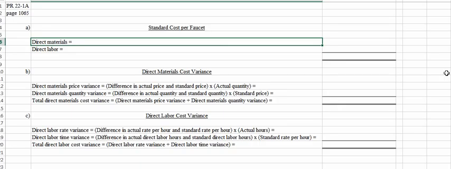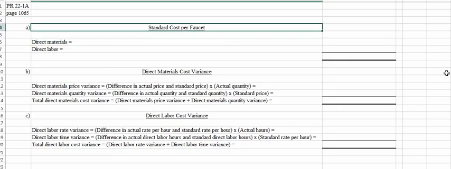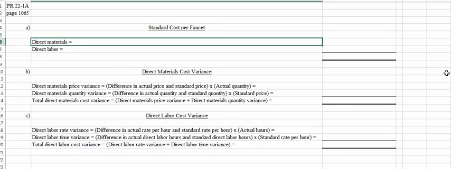Given all of that information, they want us to determine on A, the standard cost per unit for direct materials and direct labor. I'll set that up here as standard cost per faucet. They say per unit, but here we're producing faucets, so I'll put standard cost per faucet.